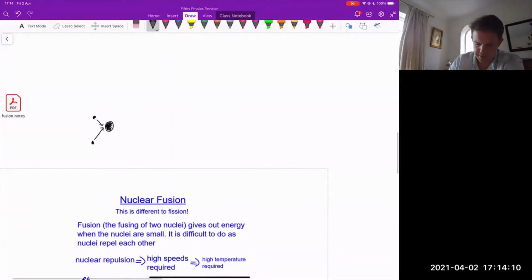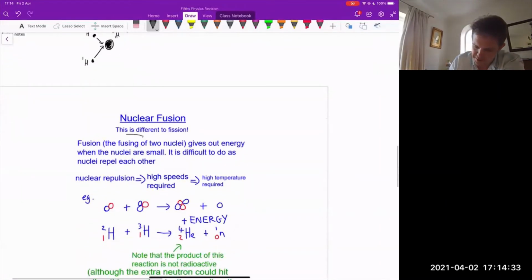So for instance, you might take 2 hydrogen nuclei and form hydrogen 2, and you might also have other products. The detail of a fusion reaction, as in the equation, you don't really need to worry about. What you need to appreciate is that it's the fusing of 2 nuclei which creates a larger one, and that gives out energy.